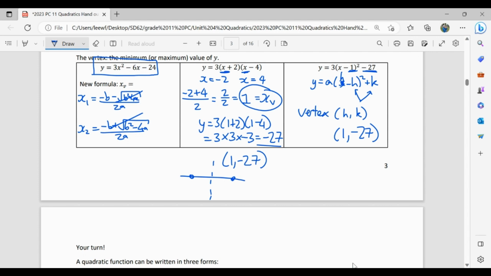And so our formula for a vertex is very simple. Coming from adding them together using the quadratic formula, we have x vertex is minus b divided by 2a.